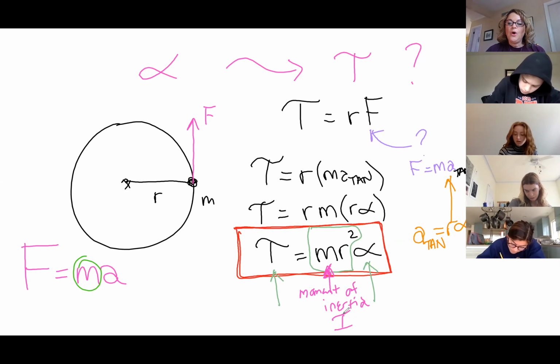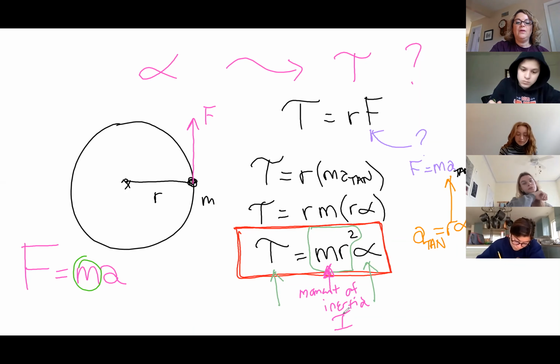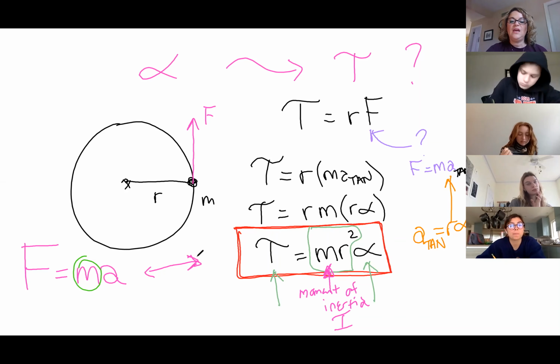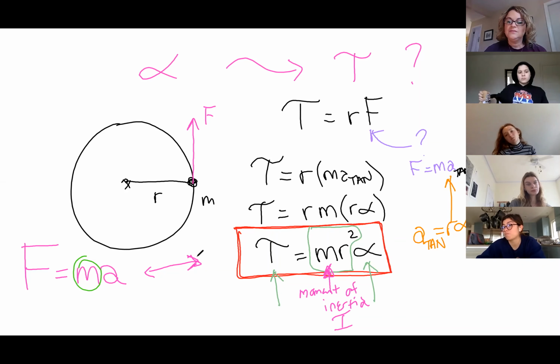Well, what do you suppose the moment of inertia is measuring if you're thinking about this equation as being parallel to the other equation? What does the moment of inertia tell us about an object? It's going to function the same as mass in the other equation. Any guesses?